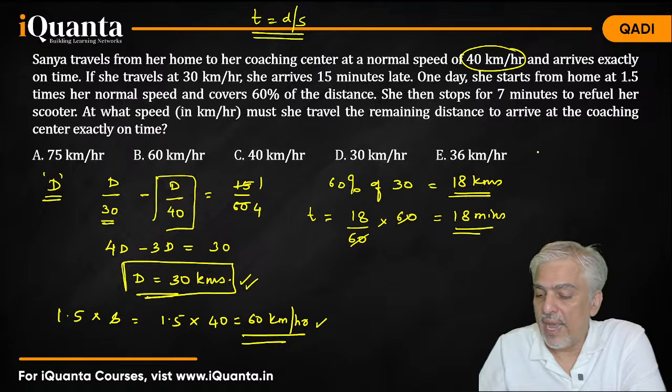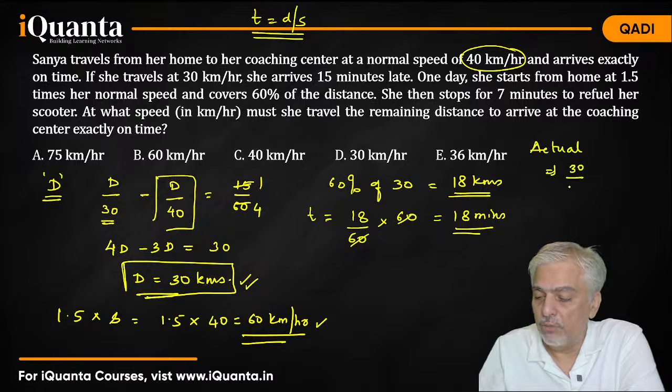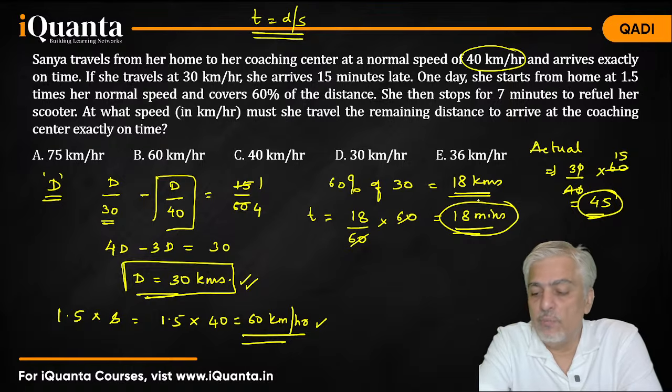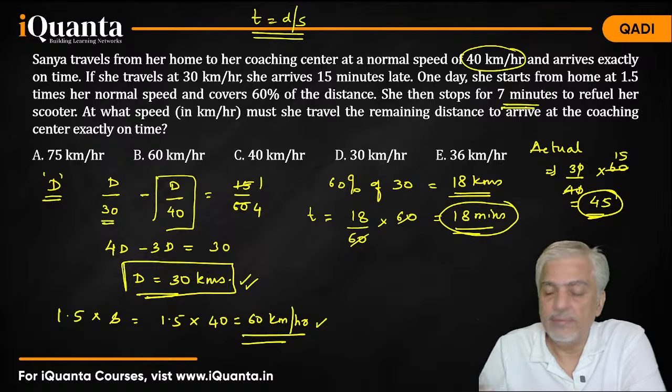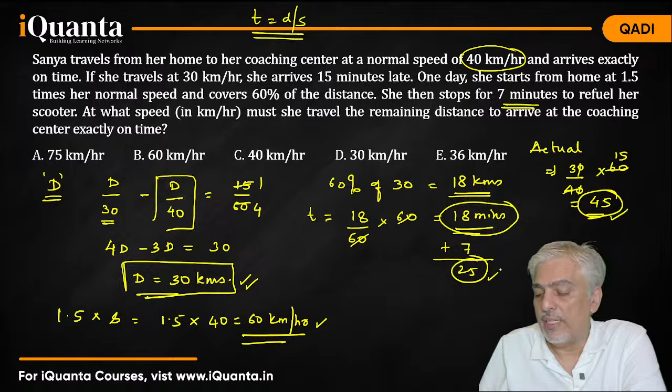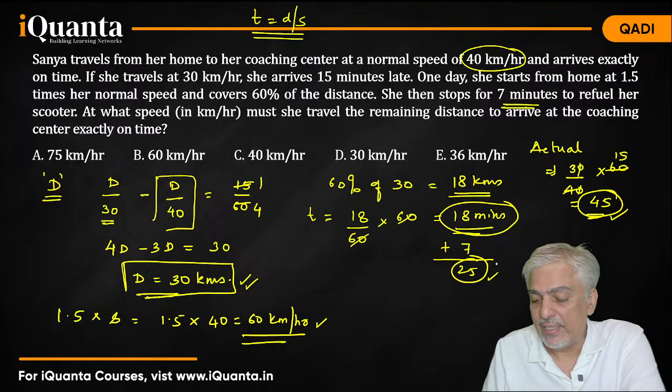So, actual time available will be 30 upon 40 into 60. 45 minutes are available. She has already used 18 minutes. Then 7 more minutes go in refueling. So 18 plus 7, 25 minutes are gone. Out of 45 minutes, 25 minutes are gone. So remaining time is 20 minutes.